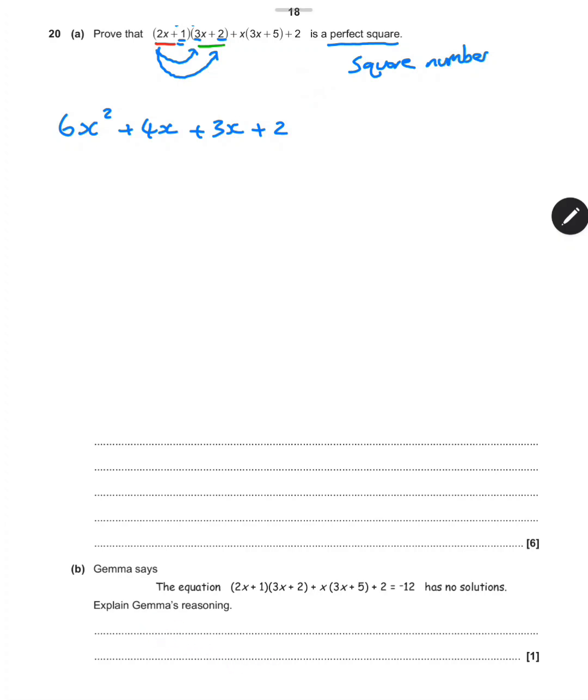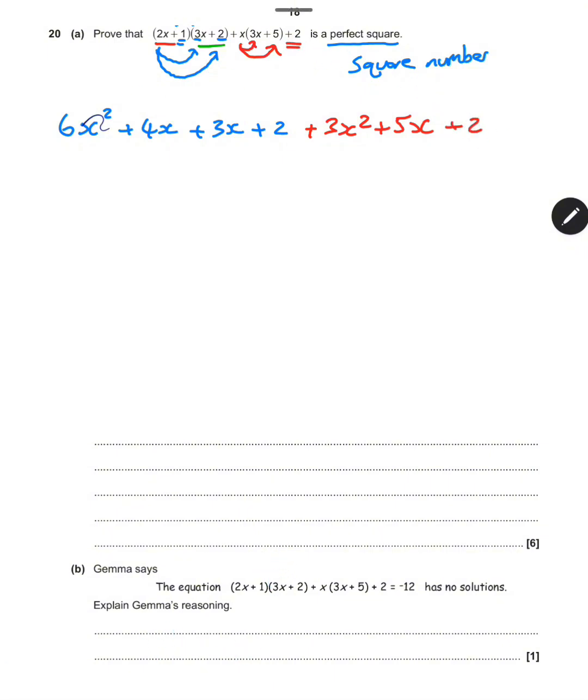We might also look at the brackets on the right here. We can do x times 3x is 3x squared. We can do x times 5, which is 5x. And then don't forget this plus 2 sat on the end, that's just plus 2.